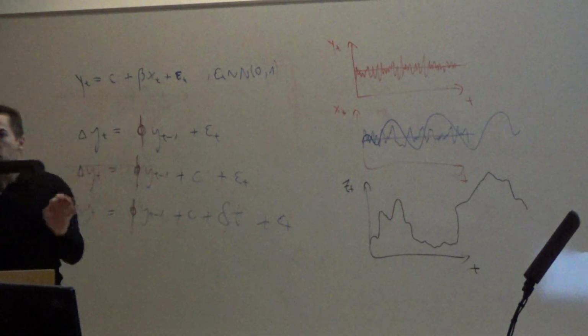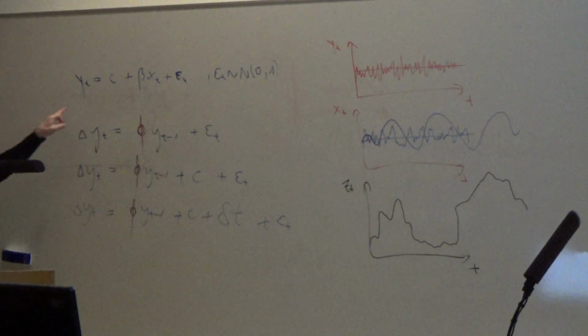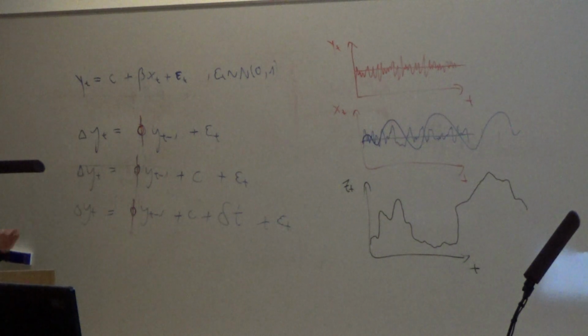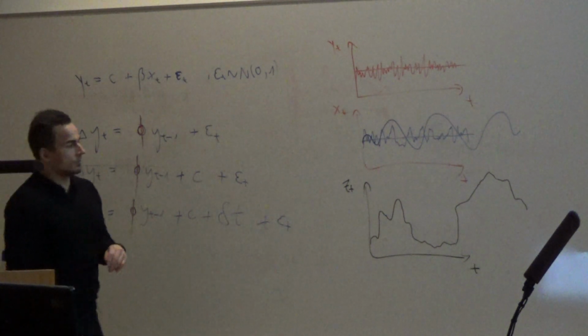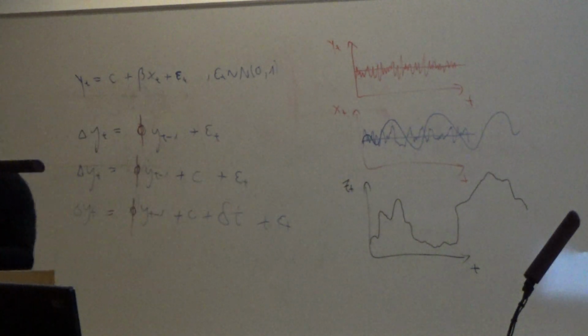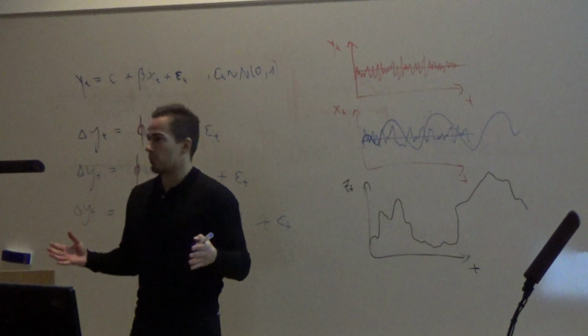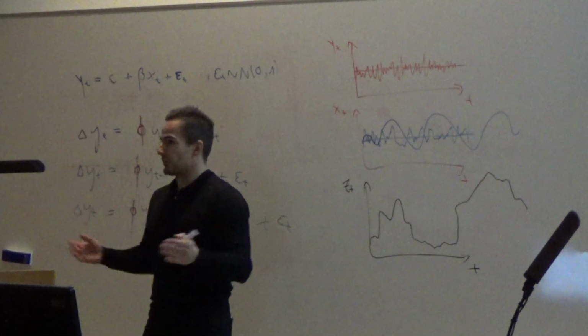There is one exception where you can do the OLS regression even though the input variables are random walks. This is called co-integration. Has anyone heard about the concept of co-integration? Maybe in my colleague's course.